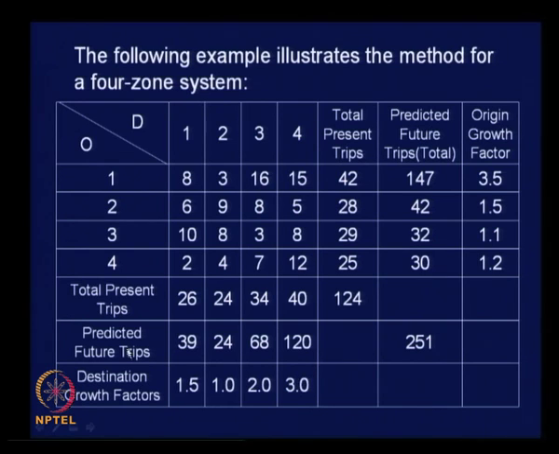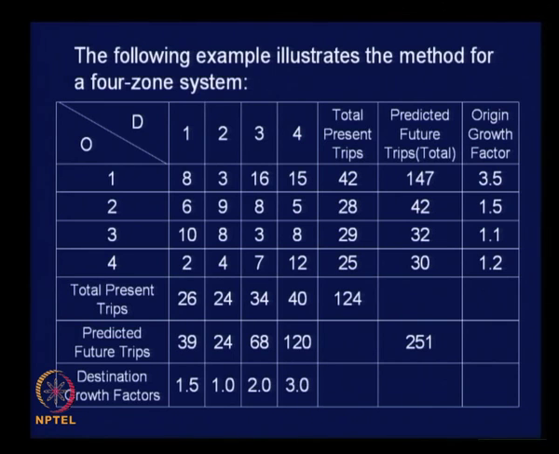For example, the number of trips originating at zone 1 and destined to zone 2 or 3, and the number of trips originating at 2 and destined to 1 or 3. So 1-2 is different from 2-1. So that constraint is not introduced in this particular case. It is just an open situation.